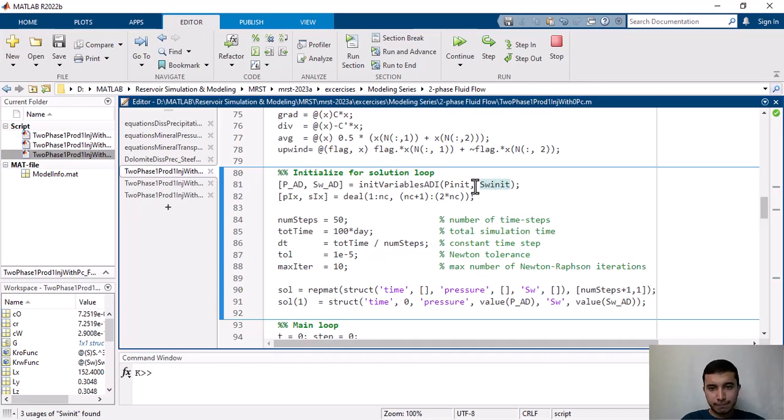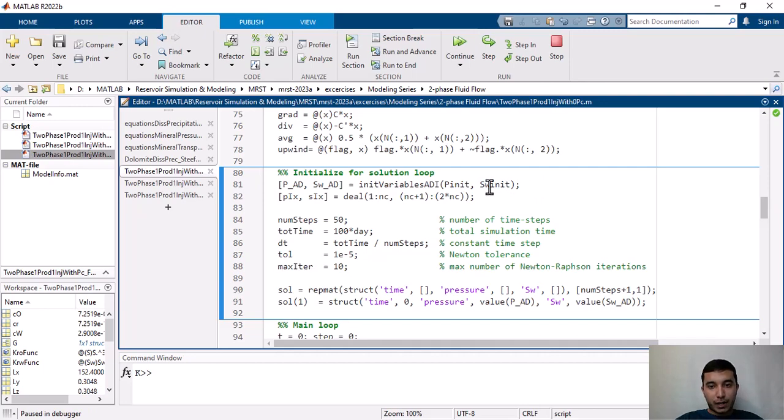But you might be wondering, why don't we have oil saturation as an unknown of the model? Because I have already substituted the constraint relation for saturation in the pressure equation. When I substitute that equation in the pressure equation, the number of unknowns decreases by one.